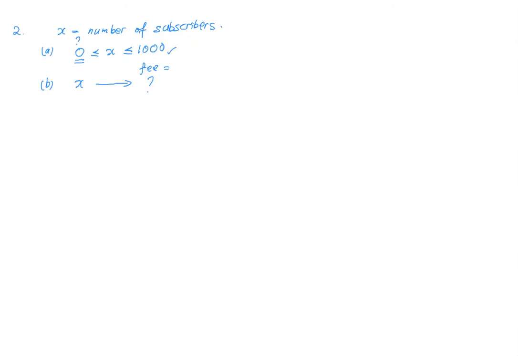Okay, the fee, we just let it be F. Subscribing fee per month, F. So if I write it as 100 plus 1000 take away X, divide by 5 times 1.